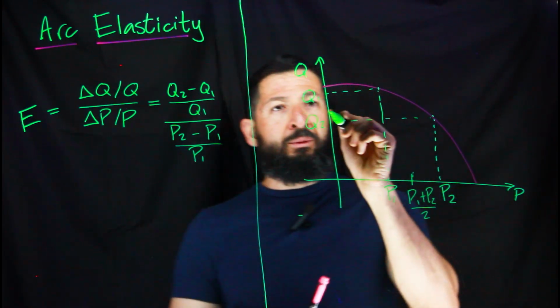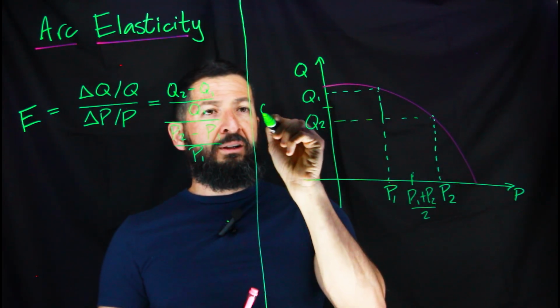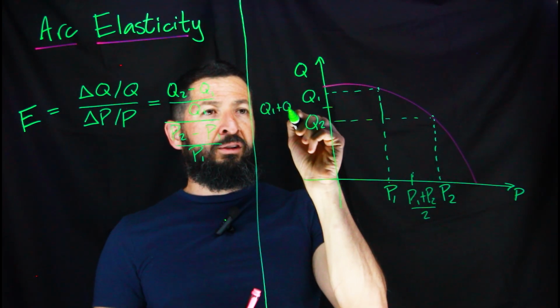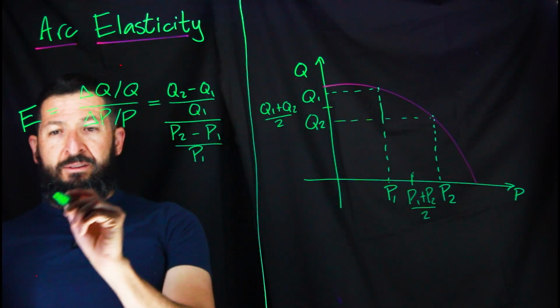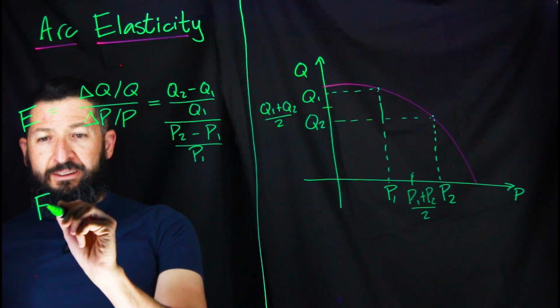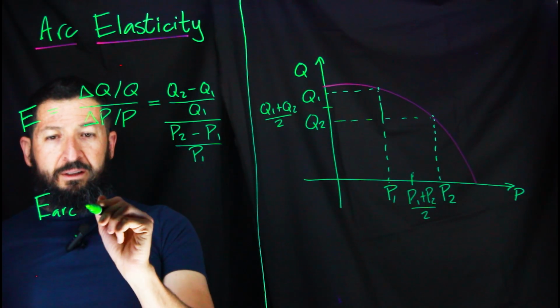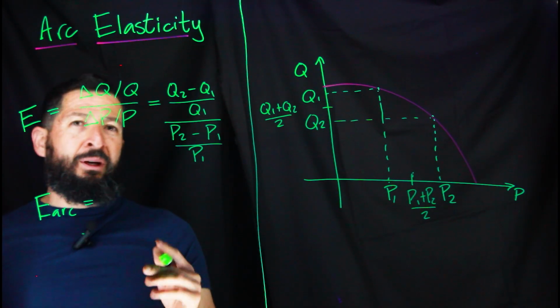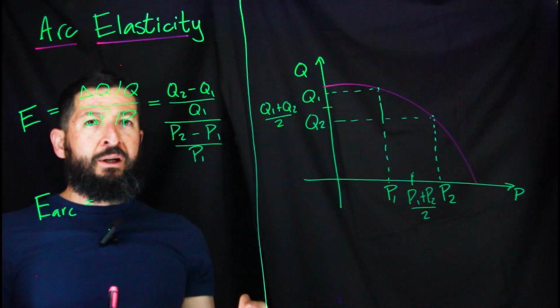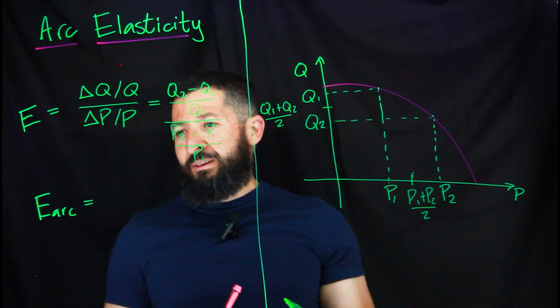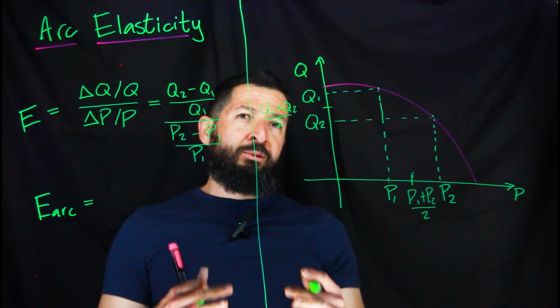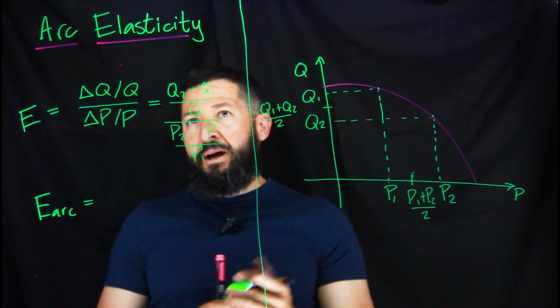And here you're going to be using Q1 plus Q2 over 2. And that then gives you a formula for the arc elasticity that would be equal to, and by the way, I'm going to write it as Q2 minus Q1. This would give you a negative value, but if you want to do it in terms of the economic context, you would just ignore the negative value.